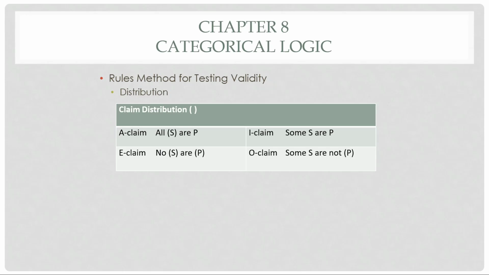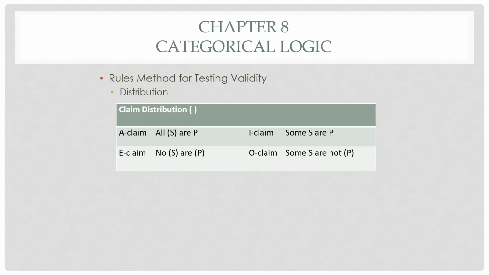A term is distributed in a claim when it says something about every member of the class that term names. Every term is either distributed or it's not. It's one or the other. More formally, a term is distributed in a claim if, and only if, on the assumption that the claim is true, the class named by the term can be replaced with any subset of that class without producing a false claim.